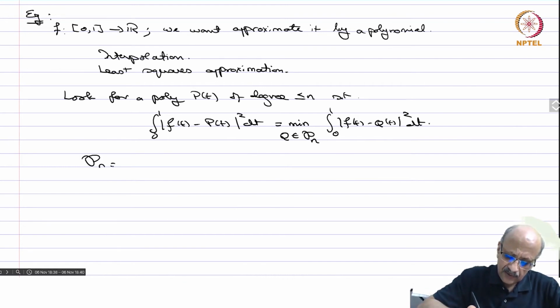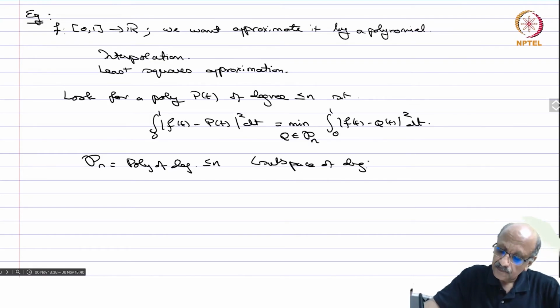Okay, so what is this? Pn is the polynomials of degree less than or equal to n. So this is a subspace of continuous functions of dimension n plus 1.